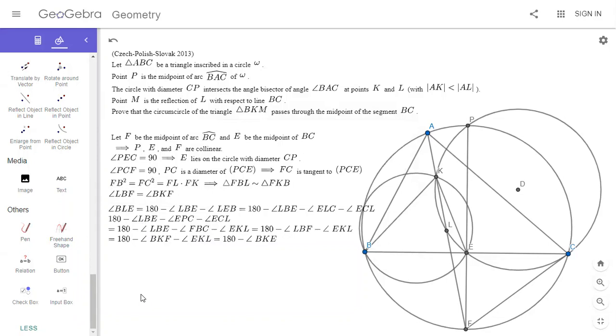Very interesting. And so once we know that, this basically proves that the reflection of L over BC lies on the circle.